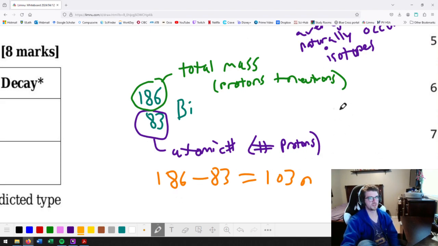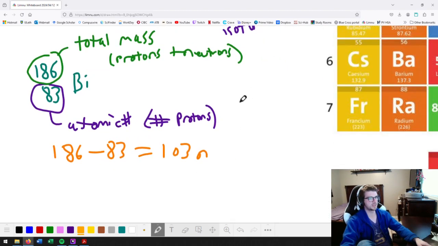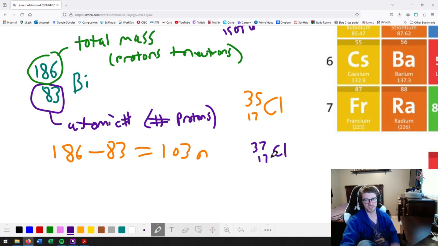Yeah. So I'll just write those down for a bit of a visual aid, because you can have 35 Cl 17, or you can have 37 Cl 17. So these are the options for the naturally occurring chlorine isotopes.